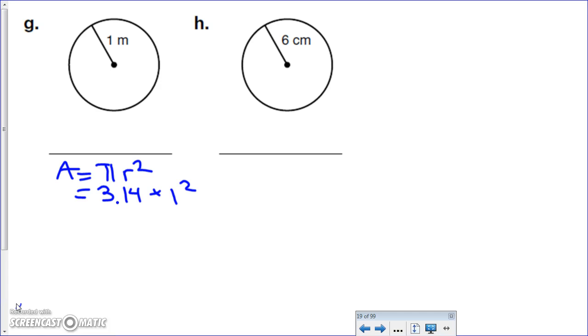We know that 1 squared is 1 times 1, which is 1. So our answer for 3.14 times 1 becomes 3.14. And because it's area, we need to add the meters squared on the end.